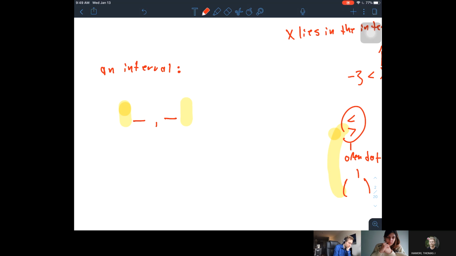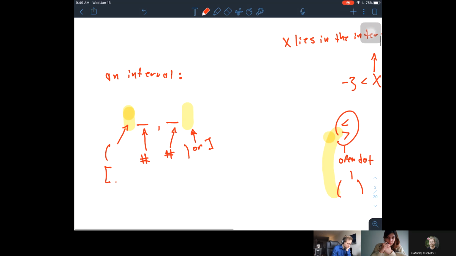So on this side, we'll have a parentheses or bracket. That's what's going to go in this blank. In this blank, we're going to have a number. In this blank, we're going to have another number. And in this blank here, we're going to have either a parentheses or a bracket.